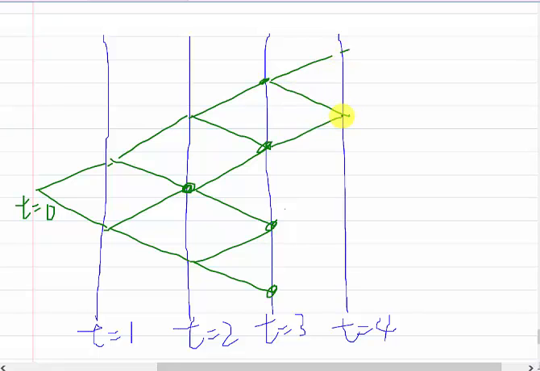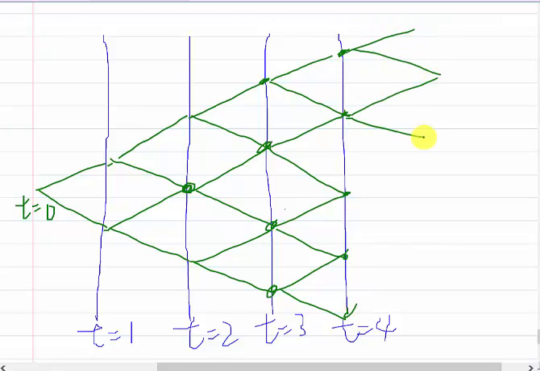We can keep doing this, going up or down, up or down. So now 1, 2, 3, 4, 5. We have 5 nodes. And you can imagine I can keep going forward, up, down, up, down. So this is the so-called lattice.